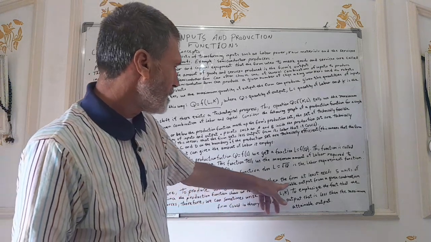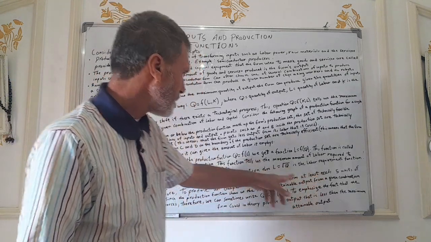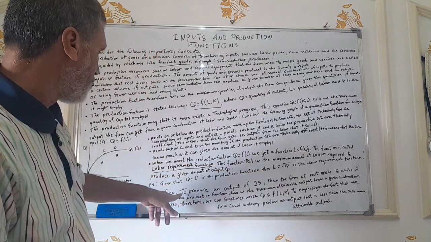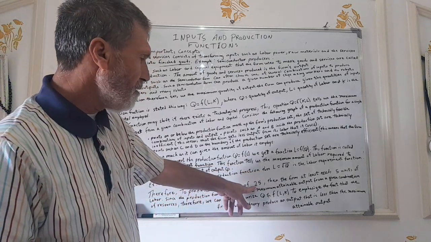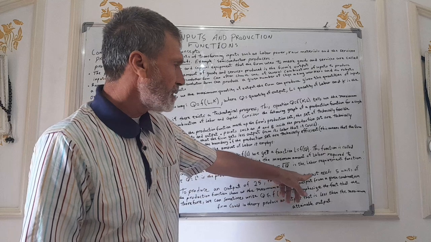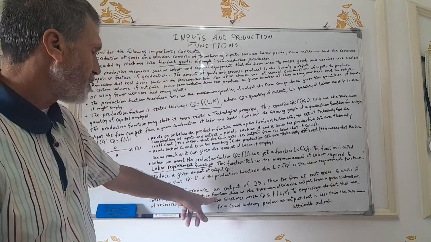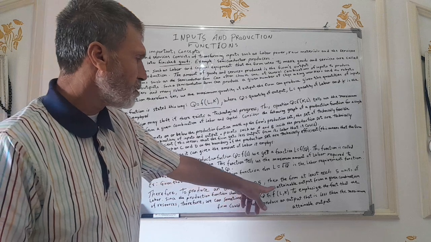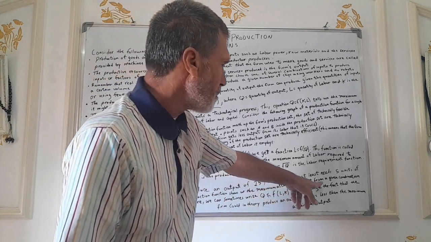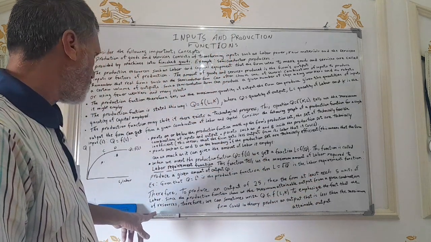Of course, I'm just restating what I said. Therefore, to produce an output of 25, the firm needs at least 5 units of labor, since the production function shows us the maximum attainable output from a given combination of resources.